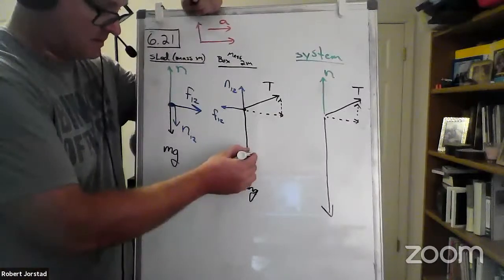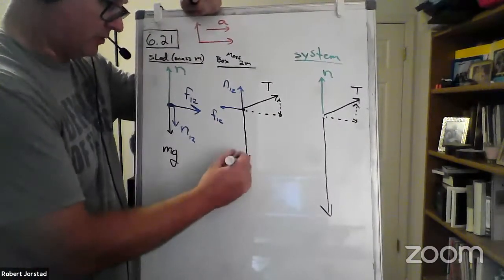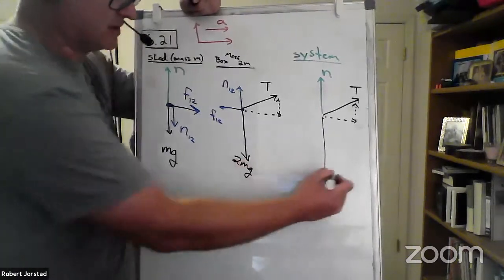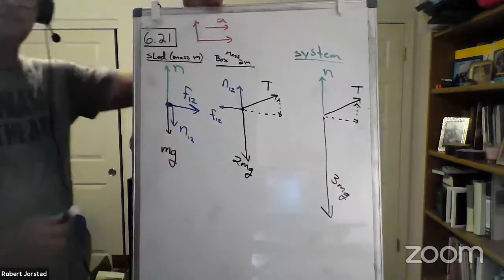Yeah. So if I made these arrows a little better, so hopefully they look a little bit more realistic. That doesn't matter that much, but you get the idea. 3mg down. What's to the left on the system?